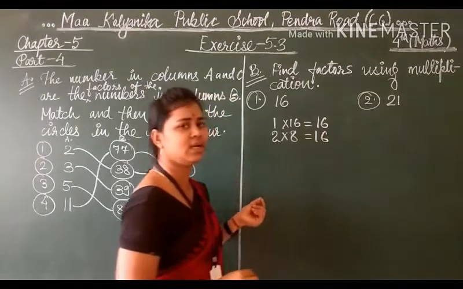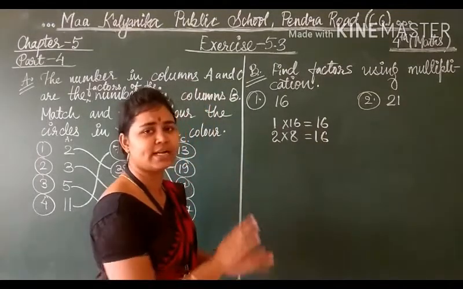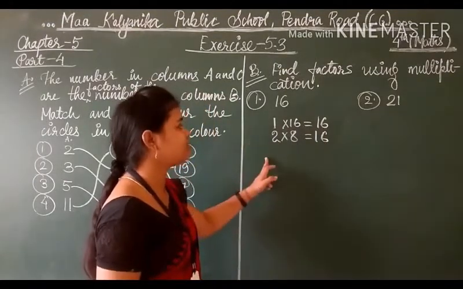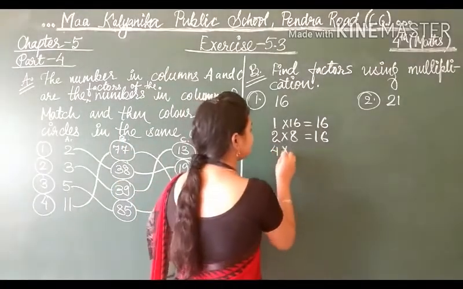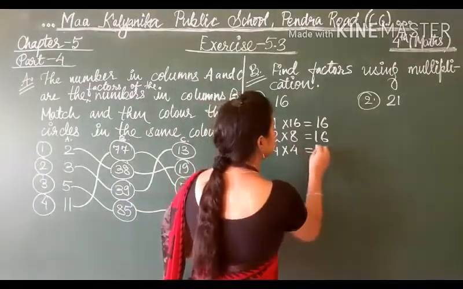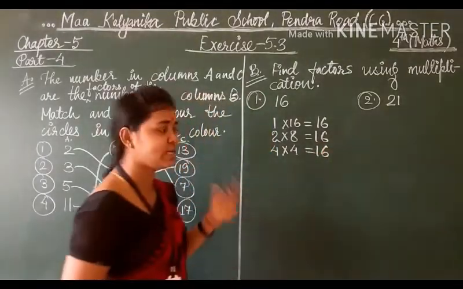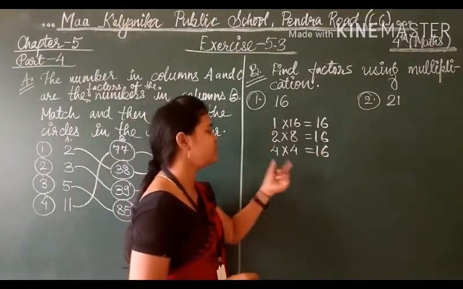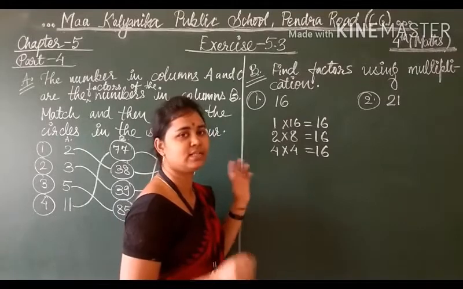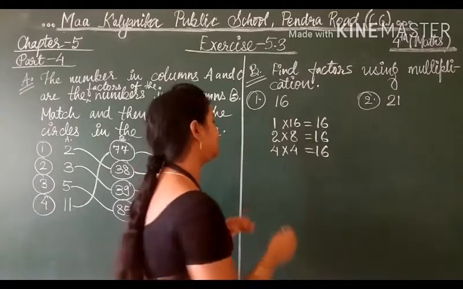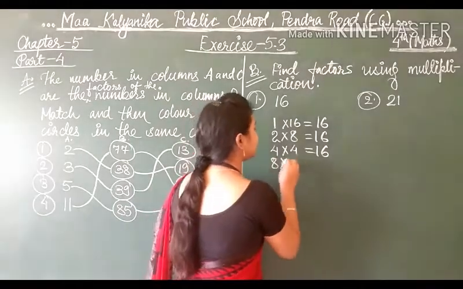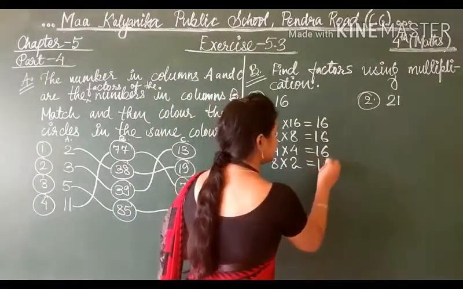Table of 3, 3 fives are 15, 3 sixes are 18, 3 is not the factor. Now 4 fours are 16, yes, we are getting 4 fours are 16. Then check one more, 5, no. In the table of 6, 16 does not come. 7, no. 8 ones are 8, 8 twos are 16.